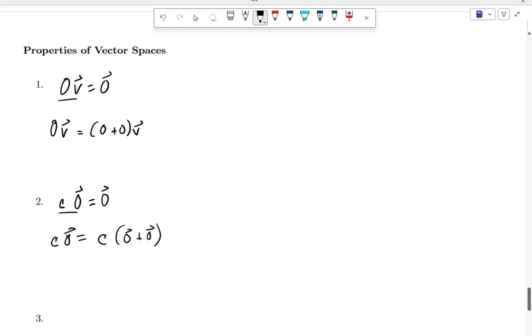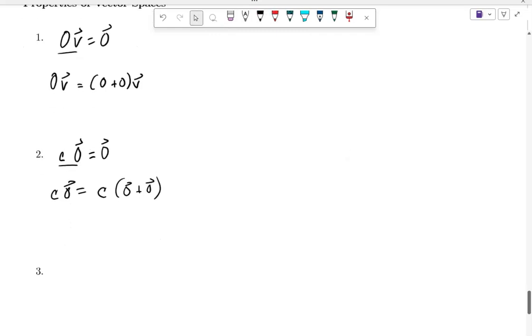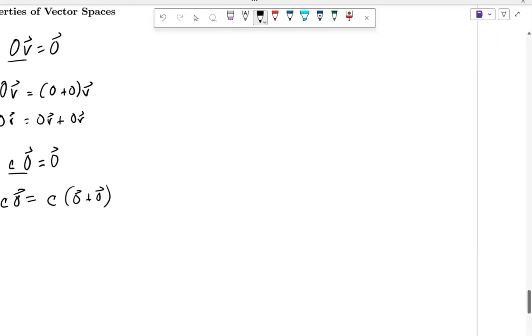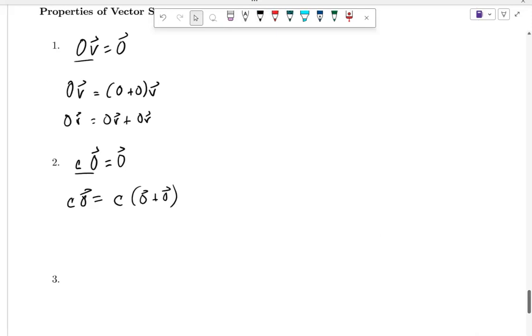I can distribute now, right? In both cases, I now can distribute something. And then you can add something to both sides after that. But in both cases, and that's the crux of the proof, I can distribute. That's why we rewrite it cleverly.